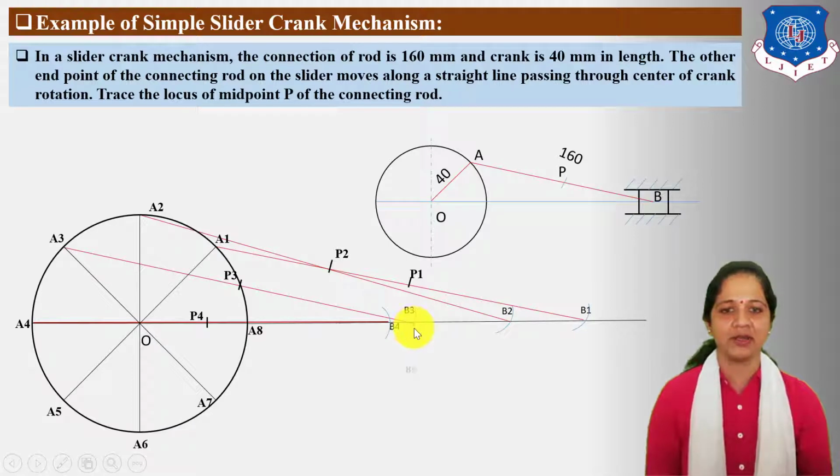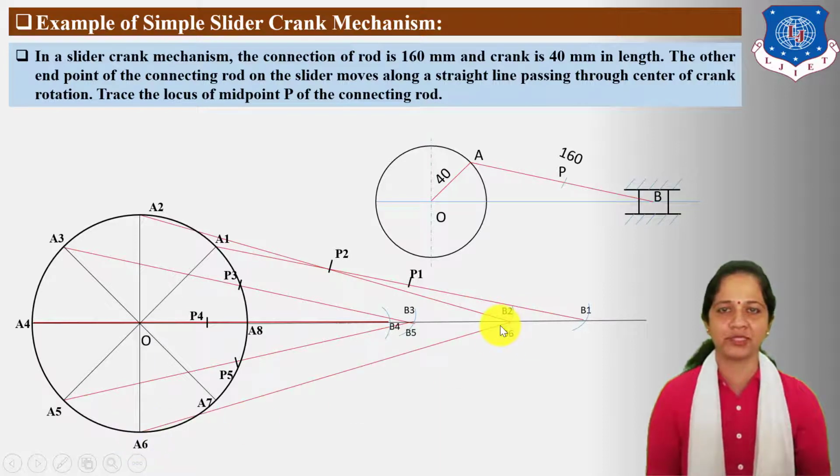So here mark point B5, connect A5 B5 and locate midpoint P5. Same for the A6 and A2 positions, the position of the slider is at the same place. So here mark point B6, connect A6 B6 and locate midpoint P6.